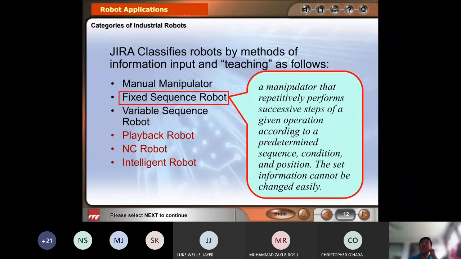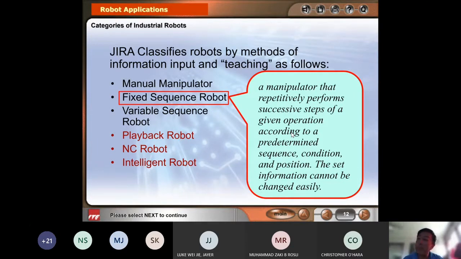Now, fixed sequence is where you record first. You record individual positions, for example position A, position B, position C, and you program it to go to position A first, then position B, then position C. Once you finish recording, you run the program and the robot goes according to these positions, based on the speed also. Once recorded, you cannot change it anymore.